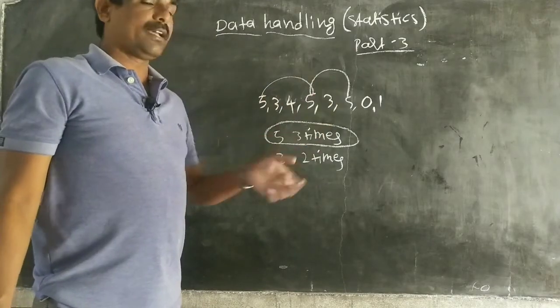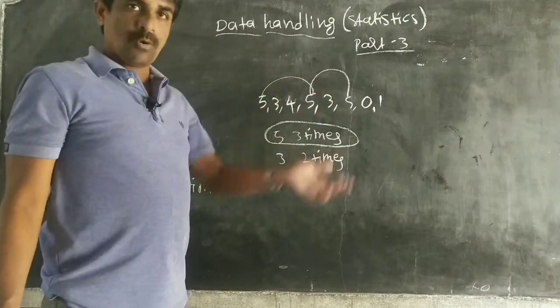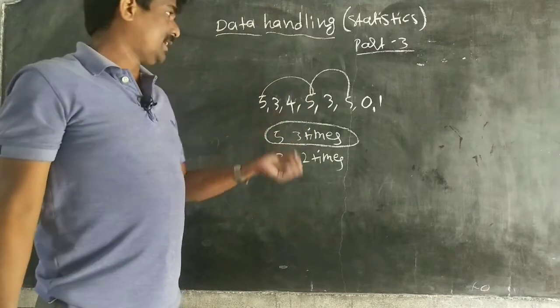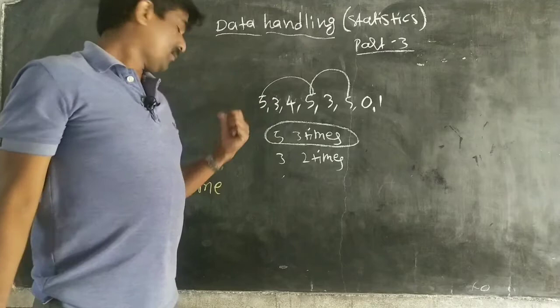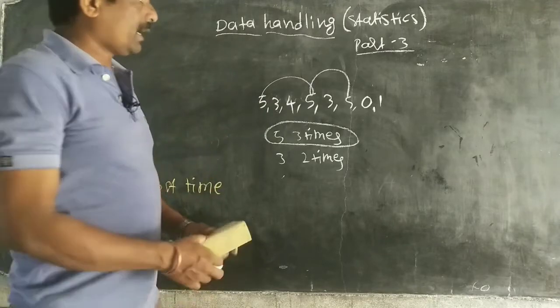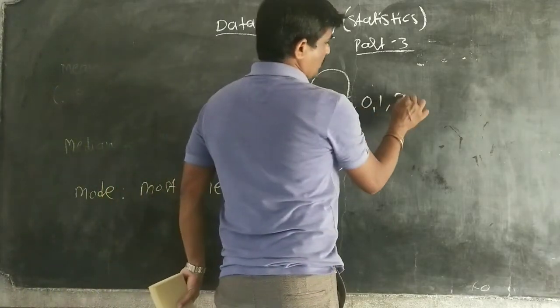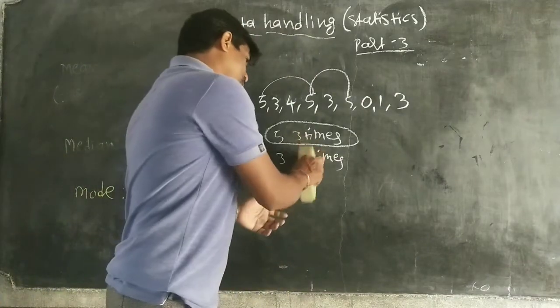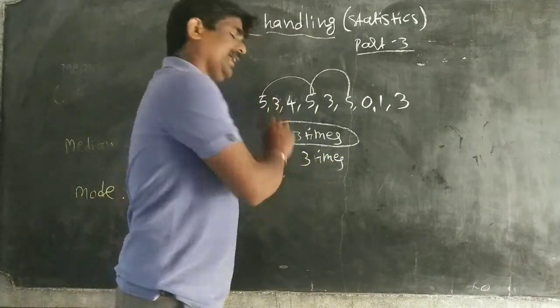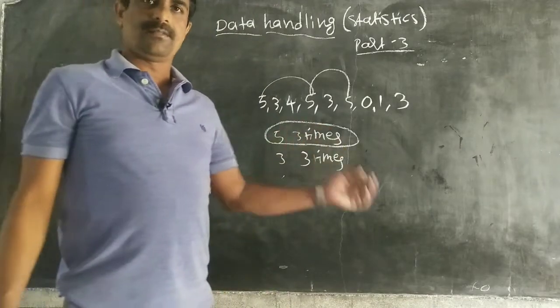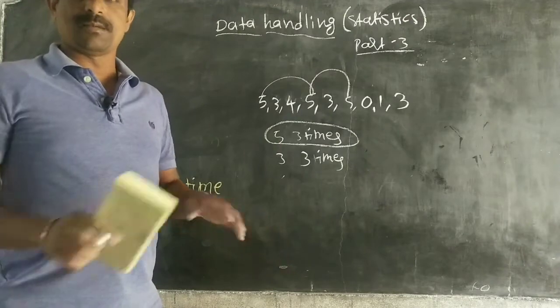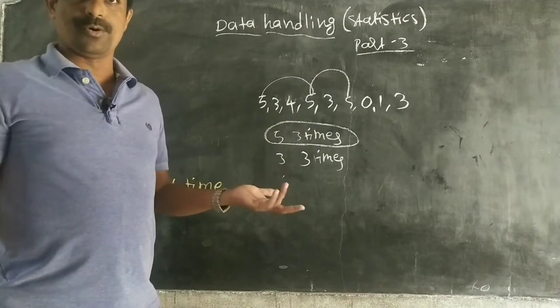In the given data, the number with the most occurrences, the highest frequency, is called the mode. Some data have 2 or 3 modes, not only a single one. Mode can be 2 or 3 or more. But some data have no mode.